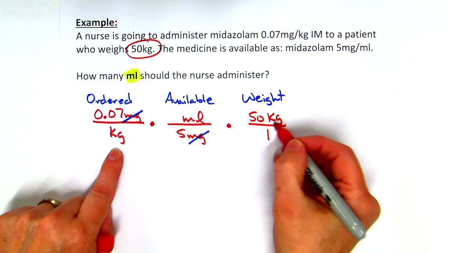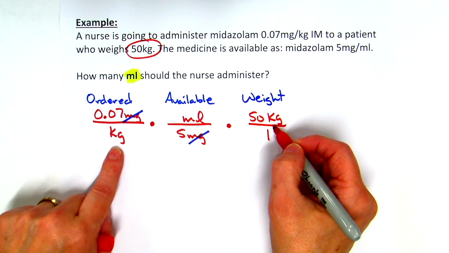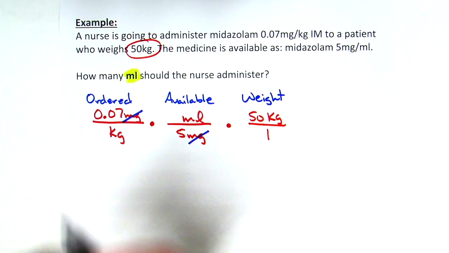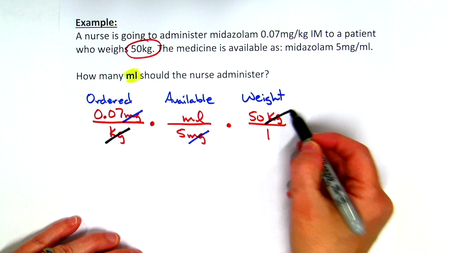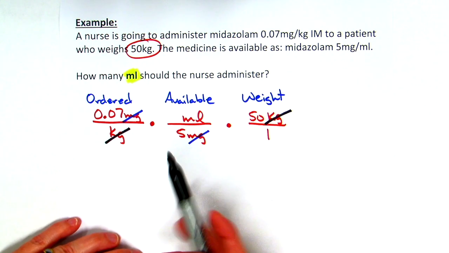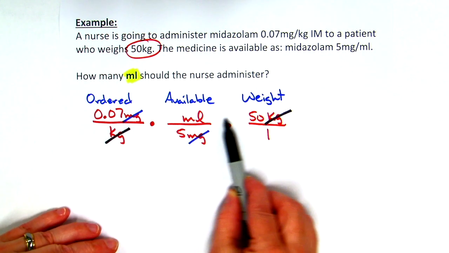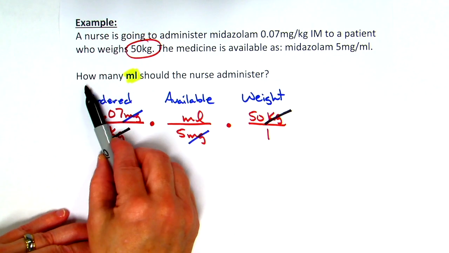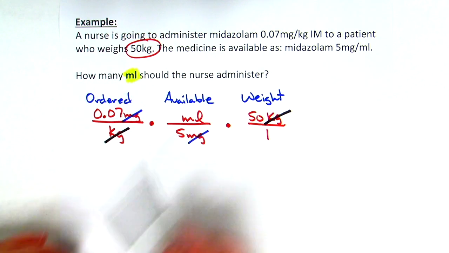That allows me to take kilograms and kilograms in opposite locations and cross them out. Now the only label I have left anywhere is milliliters. That's what the question asked for: how many milliliters should the nurse administer?